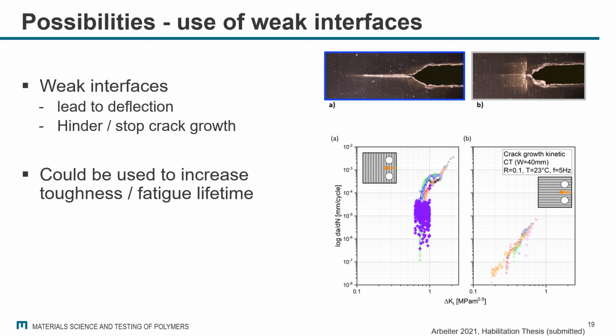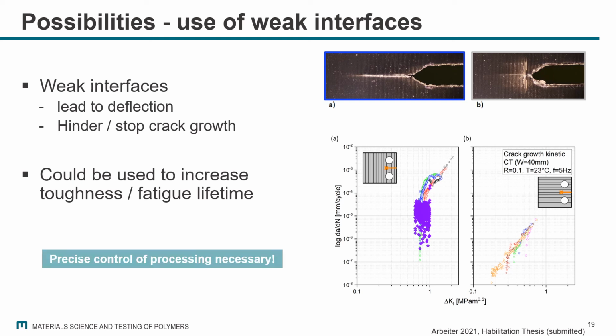And this way, the test actually lasted for a few million cycles before we stopped the test because it did not fracture, compared to the tests shown in the other colors, which lasted only a few tens of thousands or hundreds of thousands of cycles before the specimen actually broke because the crack propagated through the whole specimen. So this could be used as an advancement.